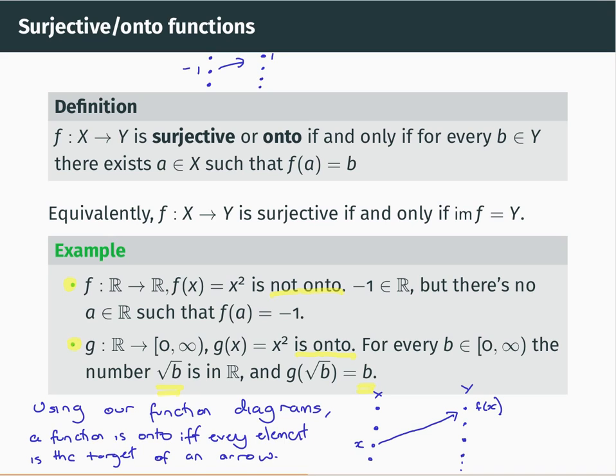The target means what it's pointing at. So here this arrow starting at x points at f of x. f of x is the target. So that's what it means for a function to be onto. Every element is the target of at least one arrow. It might be the target of more than one arrow, but it's got to be the target of at least one arrow.